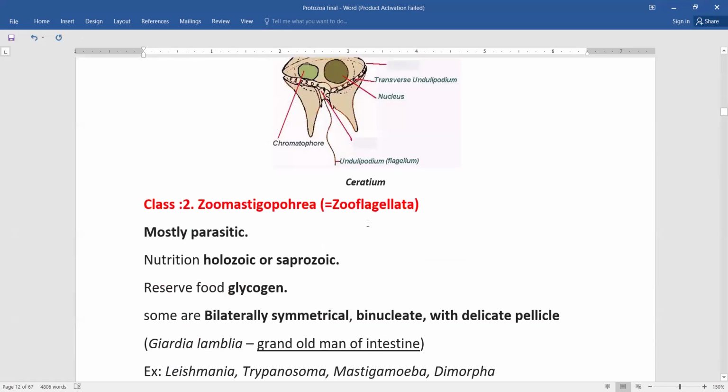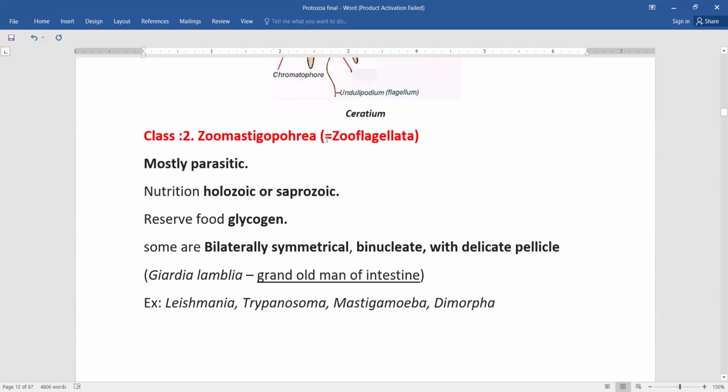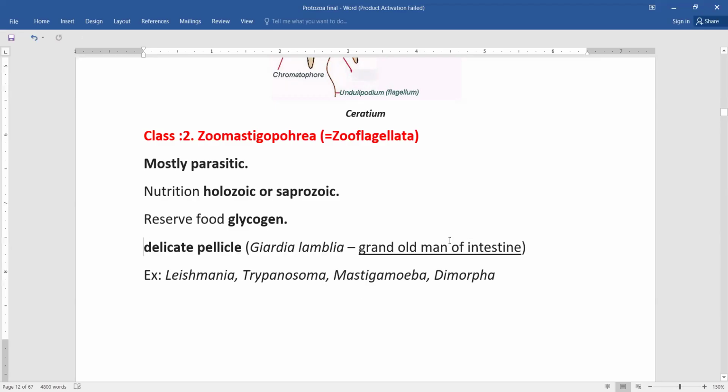Zoomastigophora or Zooflagellata. సో అది ప్లాంట్ ఆటోట్రోఫిక్, ఇది జూ యానిమల్స్, అన్ని పారాసైట్స్ మోస్ట్లీ. ఓకే, న్యూట్రిషన్ ఈజ్ హోలోజోయిక్ ఆర్ సాప్రోజోయిక్. వీటిలో రిజర్వ్ ఫుడ్ మెటీరియల్ గ్లైకోజన్ ఉంటుంది. A delicate pellicle is usually present. Giardia lamblia, Giardia intestinalis, which is commonly known as the grand old man of intestine.